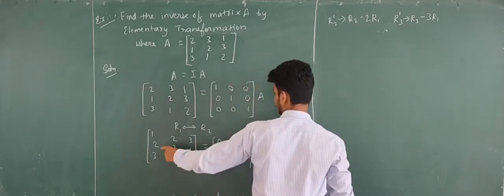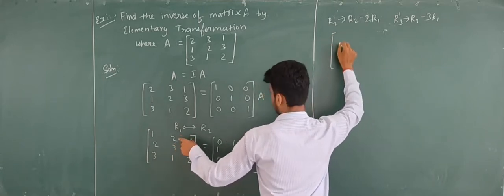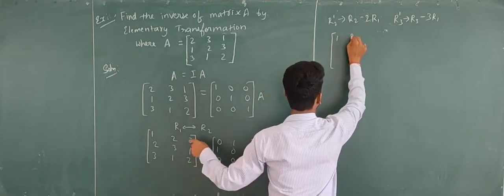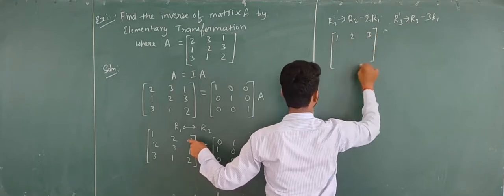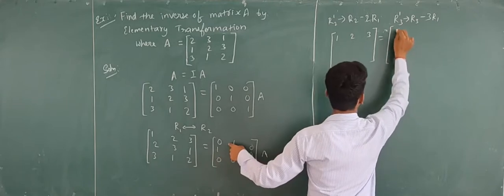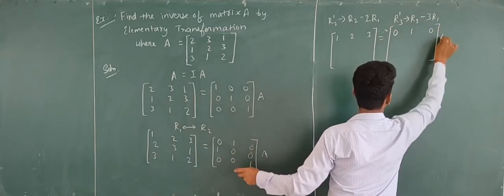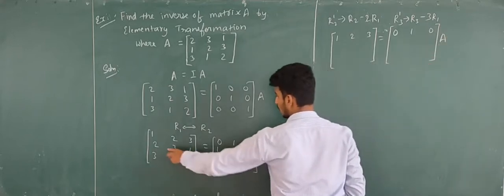Now the matrix: we are not changing the first row, so we write it as it is, 1 2 3, which is equal to 0 1 0 into A. Now we are changing the second row.